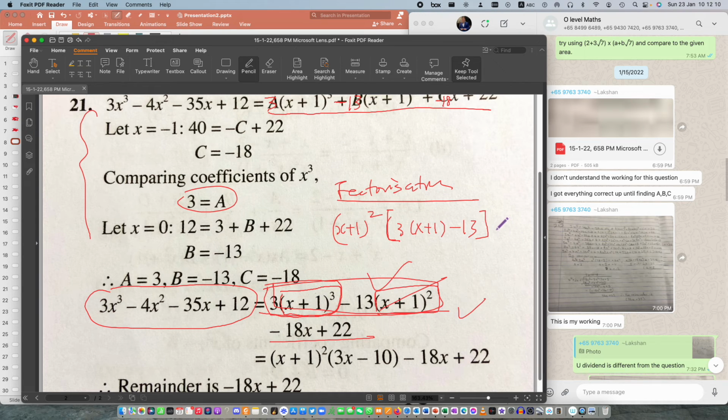The rest you still have to write minus 18x plus 22. I just factorize the first two terms because I see they have a common term. Are you clear? So you get 3x and 3x plus 3, and then you simplify this further, then you will get 3x minus 10.